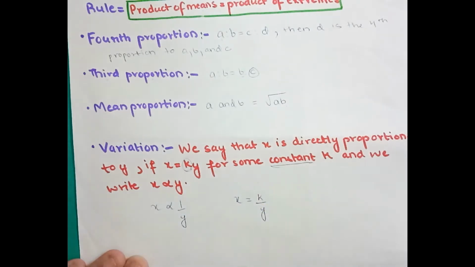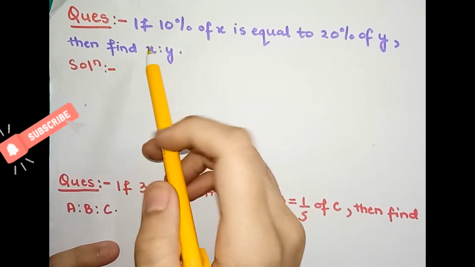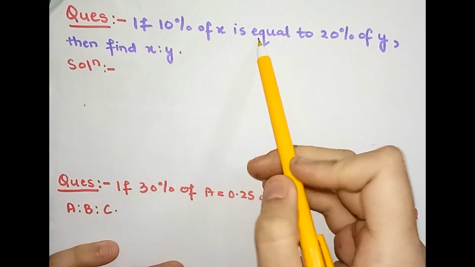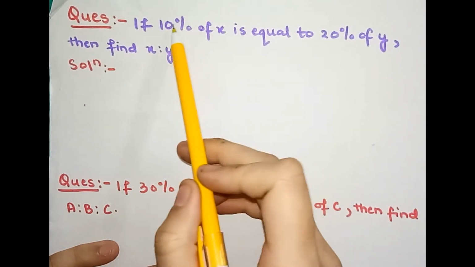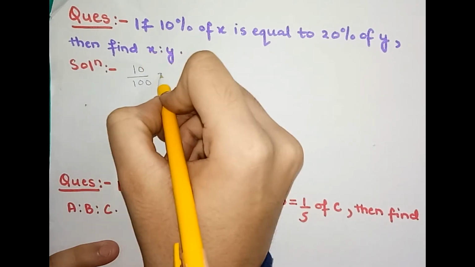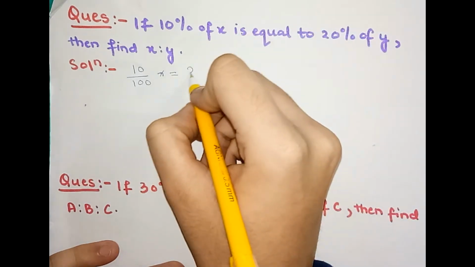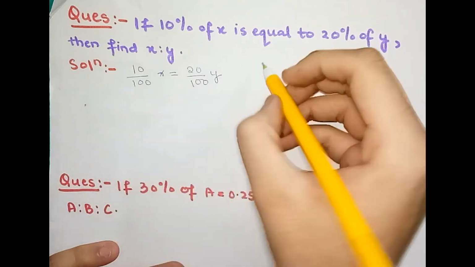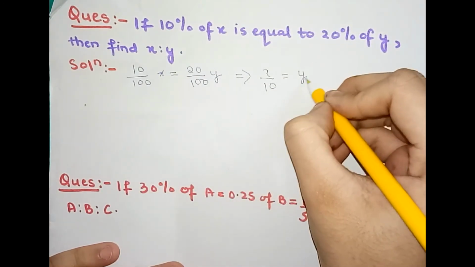Okay. Let us understand this more clearly with the help of an example. Say you have got a question: if 10% of X is equal to 20% of Y, then find the value of X is to Y. Now 10% of X, that is 10 by 100 of X, is equal to 20% of Y, that is 20 by 100 of Y. So you can say it as X by 10 is equal to Y by 5.